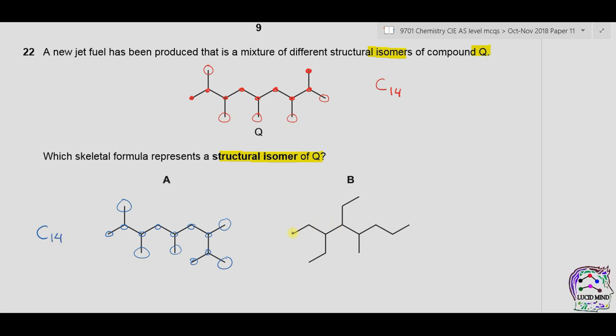In B we can see that we have 8 carbon atoms in the long chain, while 5 carbon atoms are substituents. So in total we have 13 carbons. As for isomers, the number of carbon atoms should be the same as the formula is the same, so therefore B is incorrect.